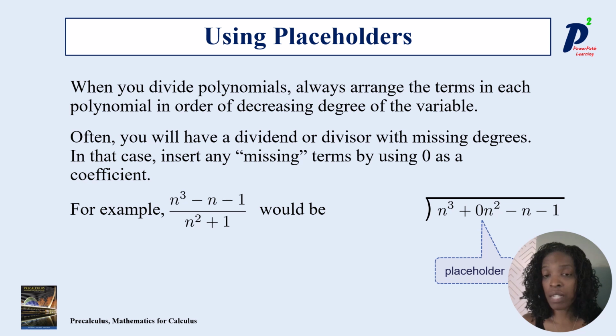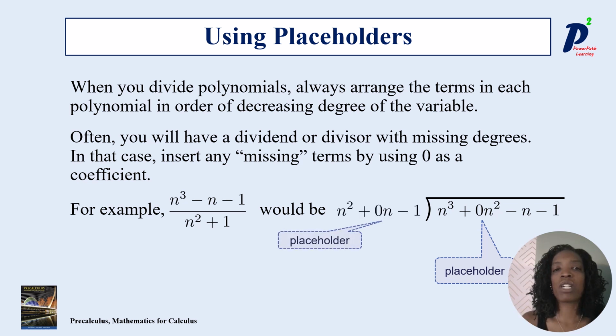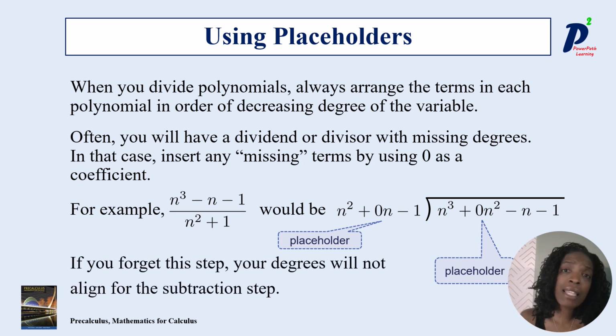We need a placeholder for the square term. The divisor also needs a placeholder, so it would become n squared plus 0n plus 1, because we're missing a linear term. If you forget this, your subtraction step is not going to line up with your polynomial degrees, so it's a good check.